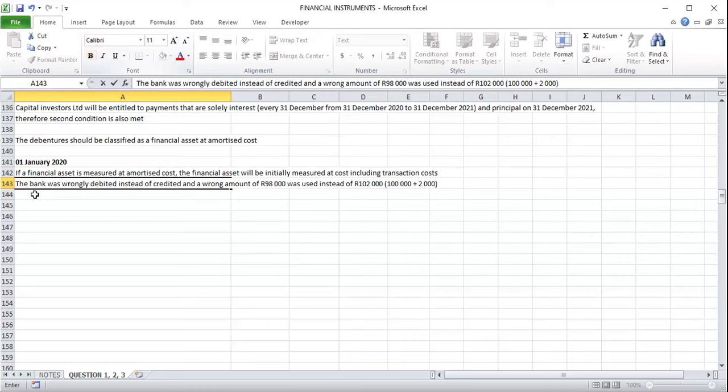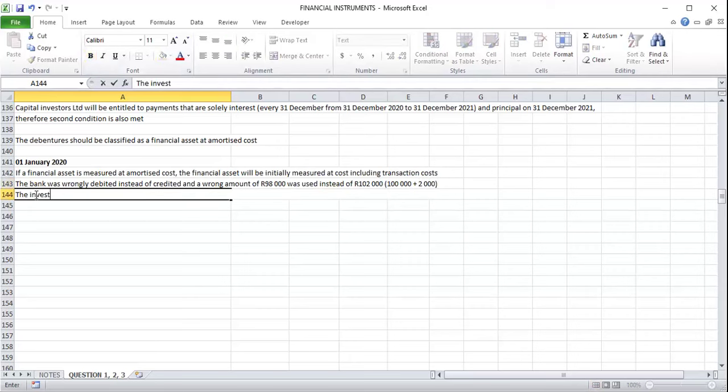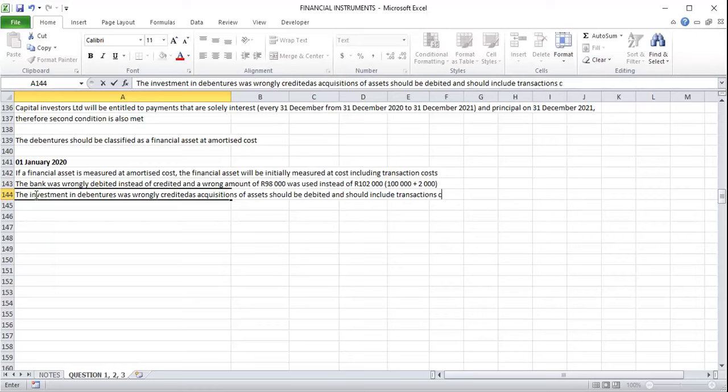Right. Then the investment in debentures was wrongly credited, as acquisitions of assets should be debited, and should include transaction costs, resulting in an amount of 102,000.